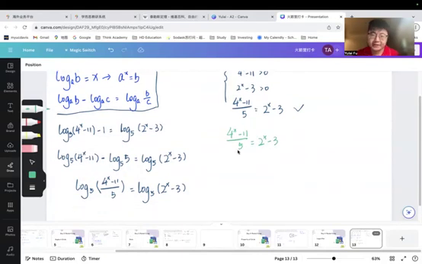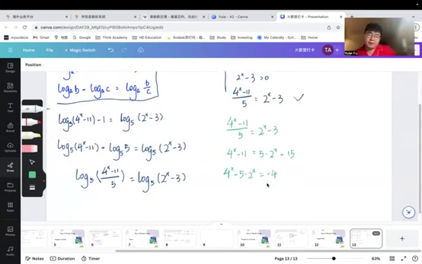We can move the 5 to the other side, so we have 4 to the power of x minus 11 equals 5 times 2 to the power of x minus 15. And we get 4 to the power of x minus 5 times 2 to the power of x equals minus 4. You can also switch the order, it doesn't matter.